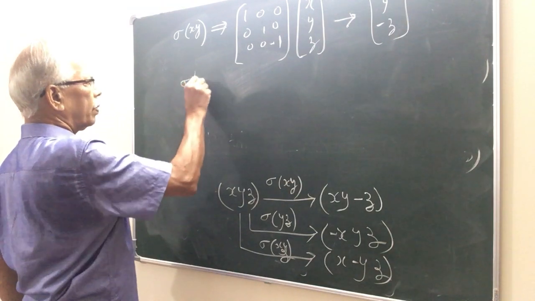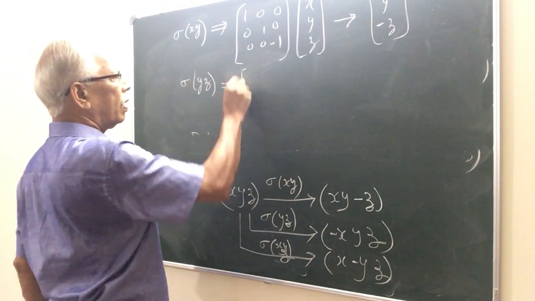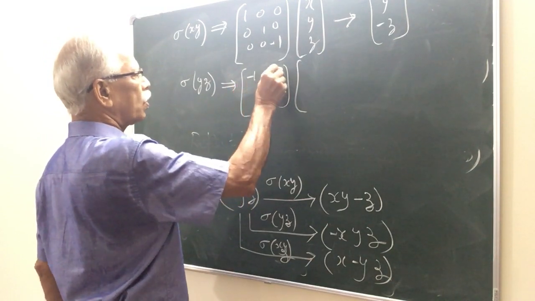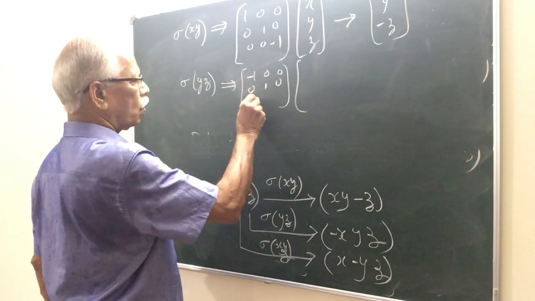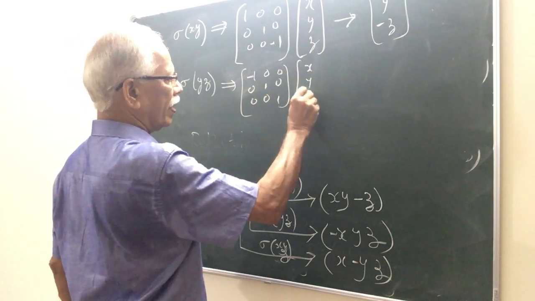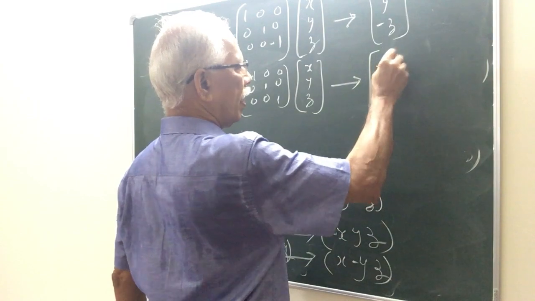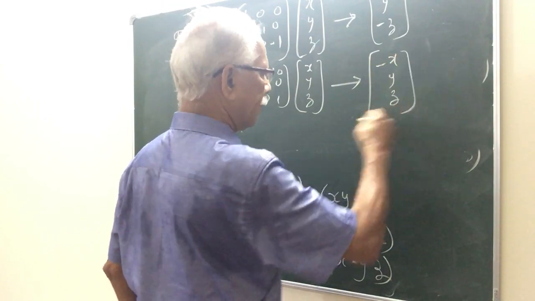Corresponding to sigma yz, y and z will not change, so the matrix will be minus 1, 0, 0, 0, 1, 0, 0, 0, 1, and x, y, z will change to minus x, y, z.